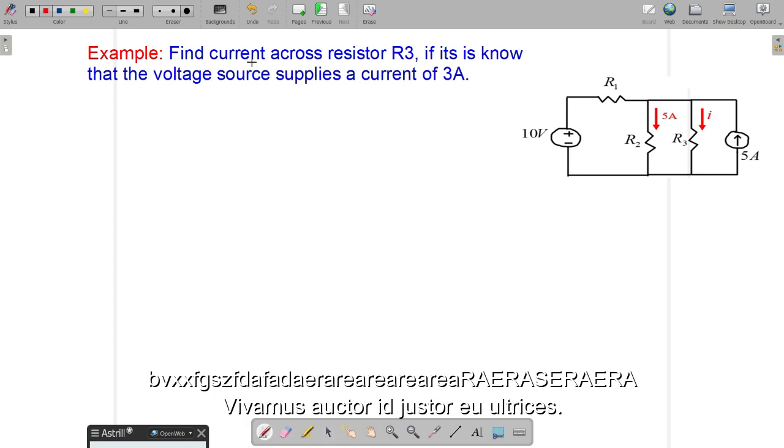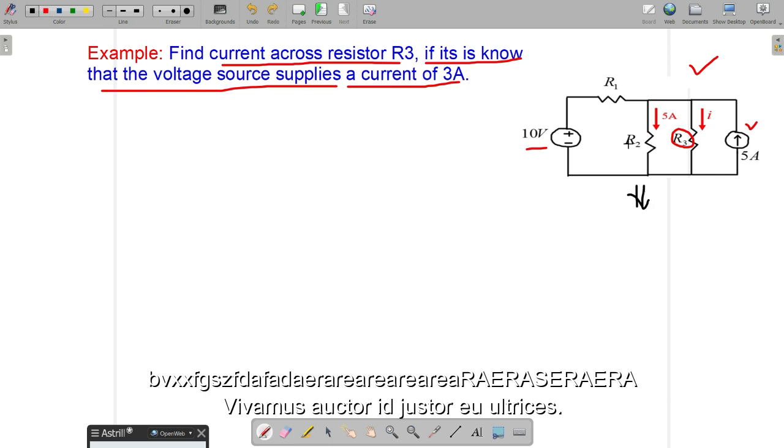You can see in this example: find the current across resistor R3 if it is known that the voltage source supplies a current of 3 ampere. So you can see this circuit, this is the voltage source that supplies a current of 3 ampere to this circuit, and we need to find the current across this resistor R3, while we have the 5 ampere current source as well.